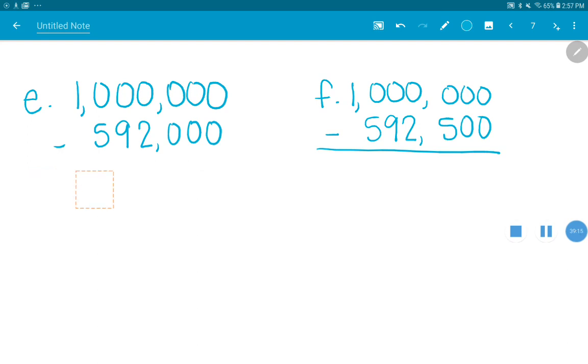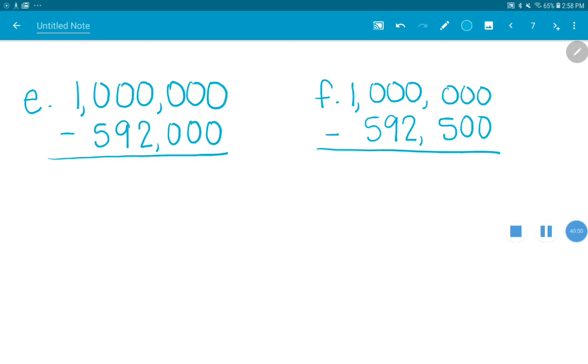They both have 1 million. How else, Zala? On the bottom numbers, they both have 592,000. Okay, they both have 592,000. And the only difference is that in F, you also have 500 more. So, was there any kind of patterns that you could use to help you solve those? Anything you could do?